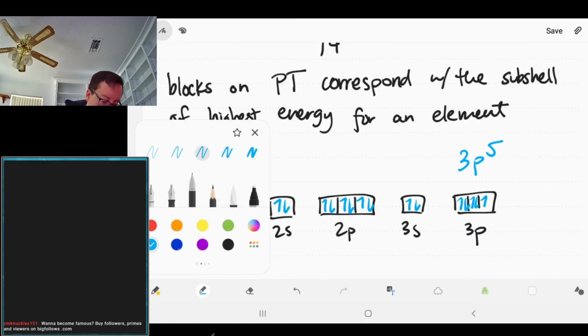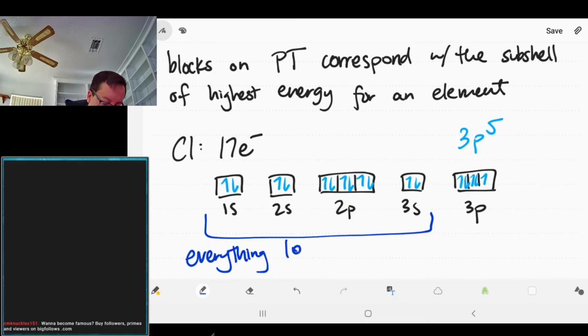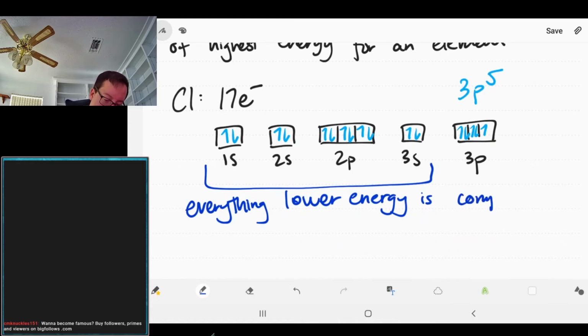And notice also that everything that was lower energy is completely filled, to its maximum capacity.